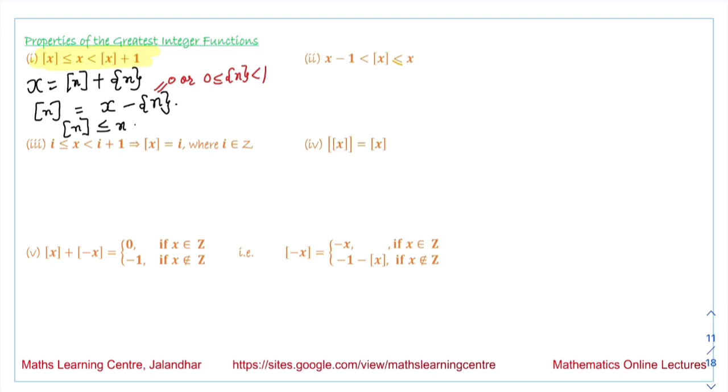Or we can look at this condition this way: if n is any integer and n is less than or equal to x, and x is less than n plus 1, then the greatest integer of x is equal to n.